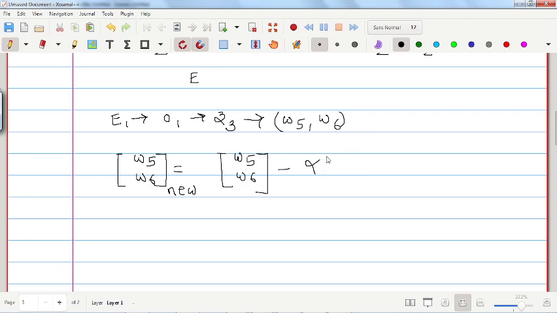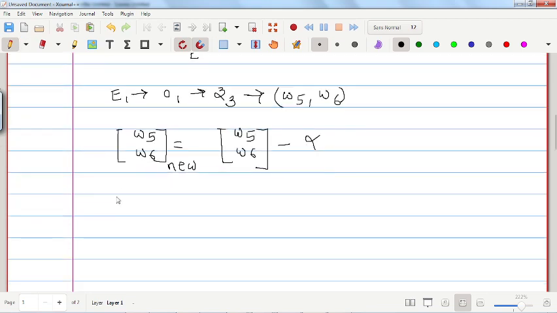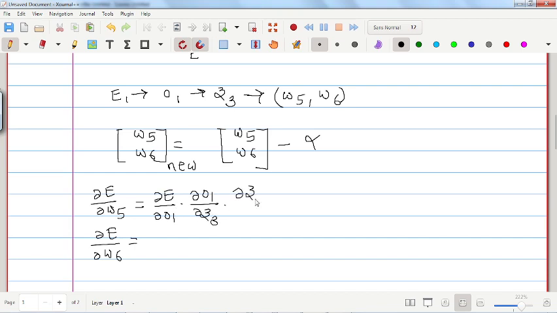What kind of derivatives will be there? Separately I am writing del E by del W5 and del E by del W6. Del E by del W5 equals del E by del O1 into del O1 by del Z3 into del Z3 by del W5.